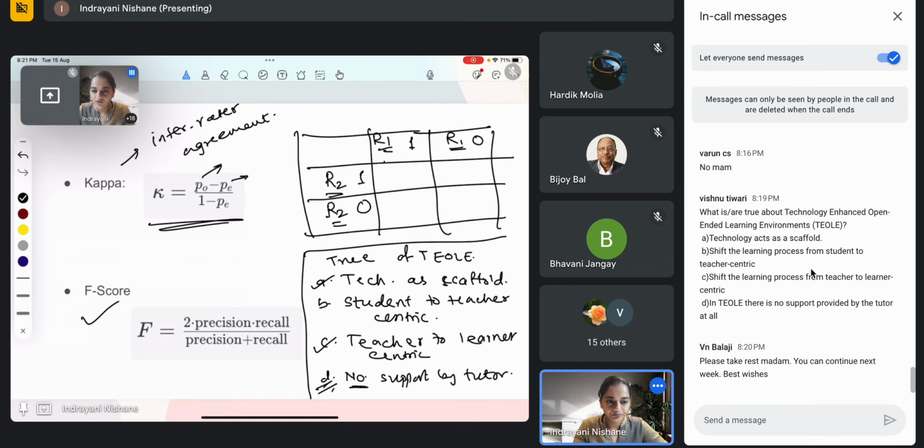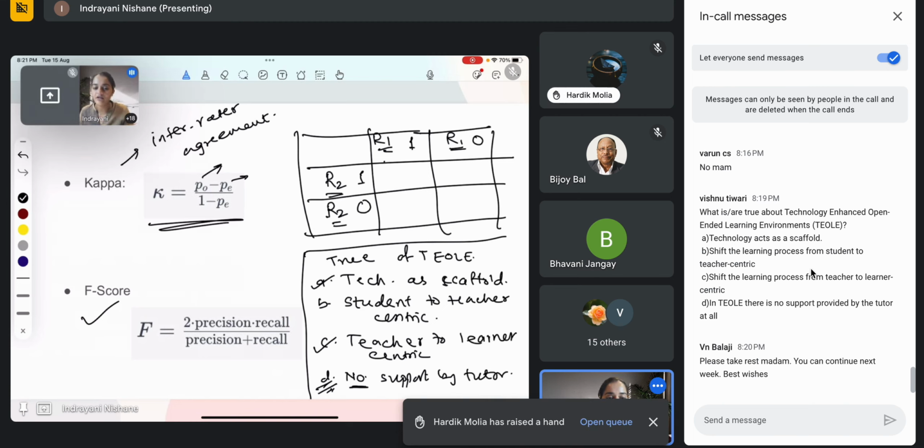That's why option D could be selected as the correct answer, because it is not fixed that support will always or never be provided. But I do agree with you that mostly the use of an open-ended learning environment is supposed to be supplementary or complementary to classroom teaching by the tutors, so ideally this should not be the correct answer.